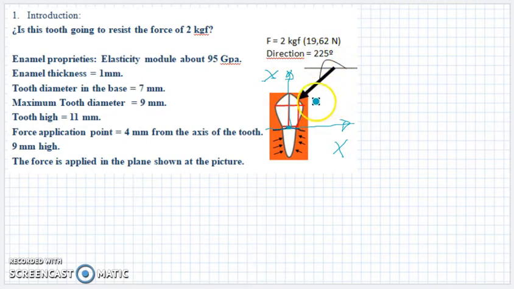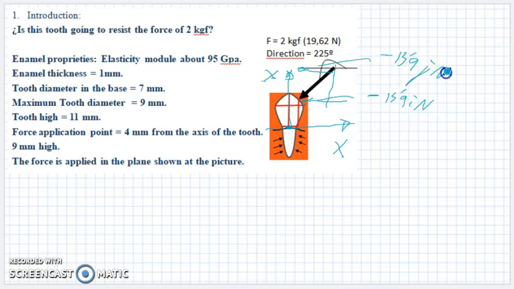Here, this force, as you remember, was decomposed in both components. Here is minus 13.9 i newtons, and this component here is minus 13.9 j newtons.